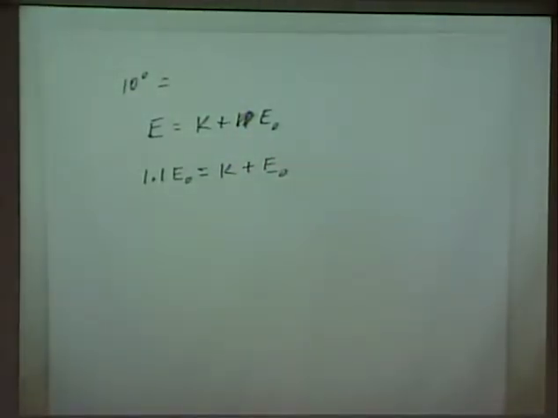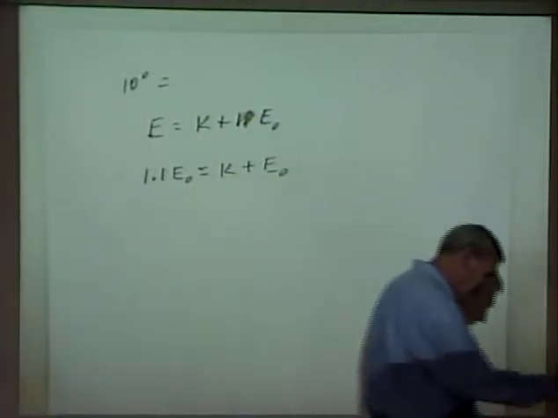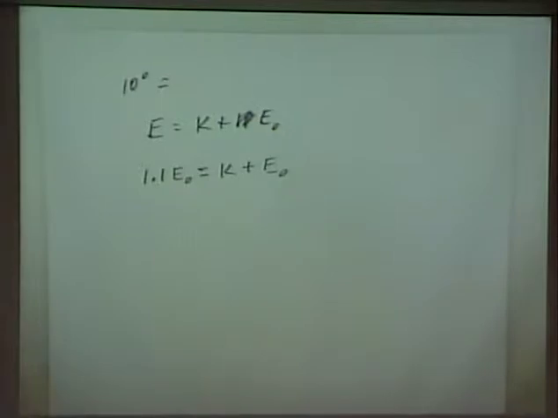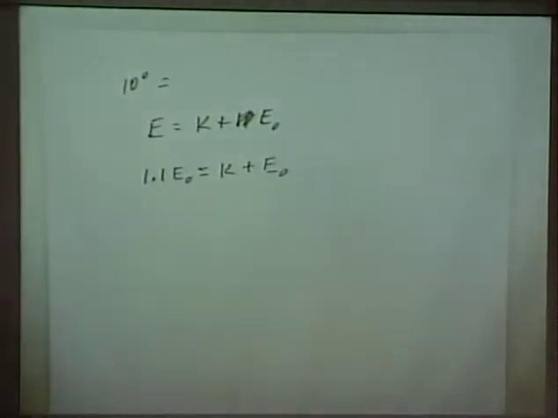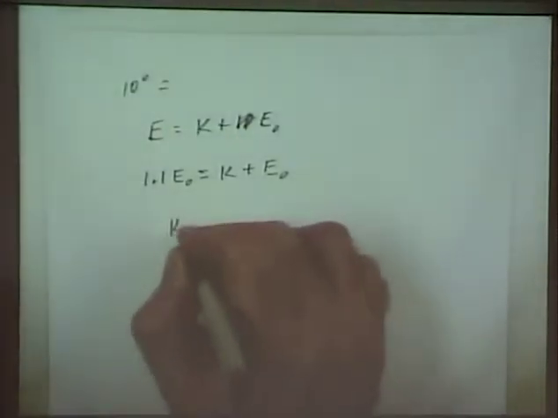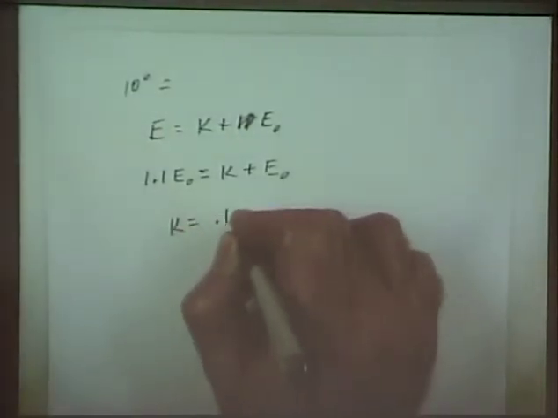That's what we're up to so far because it said how fast must it be going if its total energy is going to be 10% greater than its rest energy. So that's what we've got so far. That was the key to that. And so you wind up with K then equals 0.1 E naught.